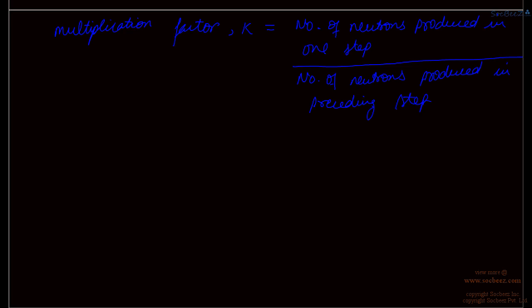So whenever the value of the multiplication factor is more than 1, the chain reaction takes place and it is self-propagating.